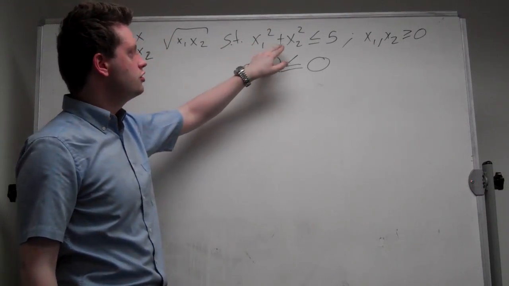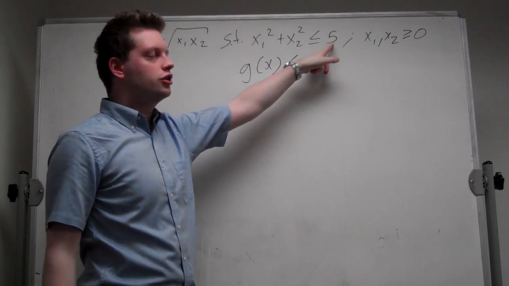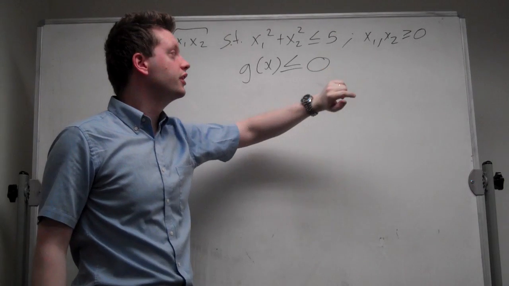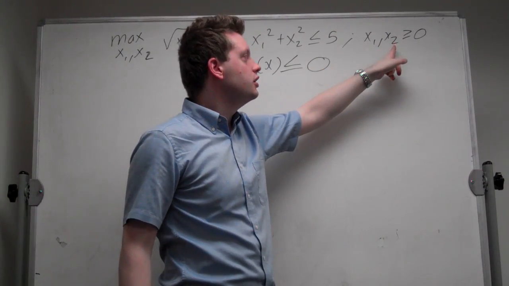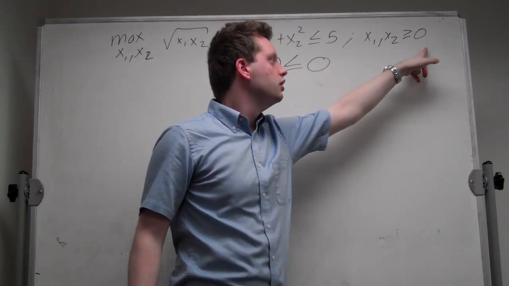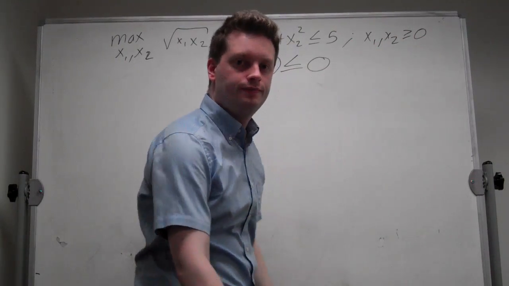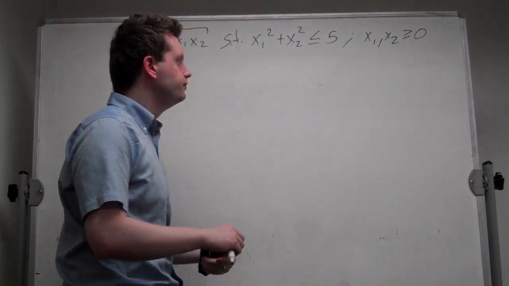Now, if you look at this constraint here, it's very simple to put it in this order, because you can just subtract 5, and then everything is on the left and a 0 to the right. These two constraints here are more complicated, because you say x1 is greater or equal to 0. However, we can multiply them by -1, and then they're in the correct order. So let me rewrite all three constraints in the correct form.